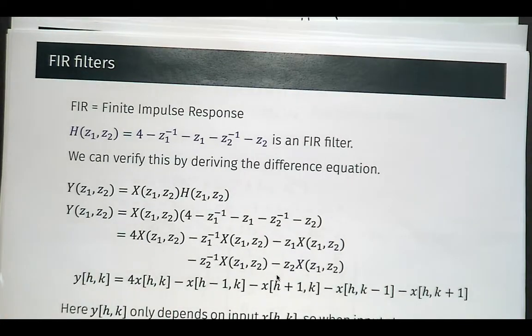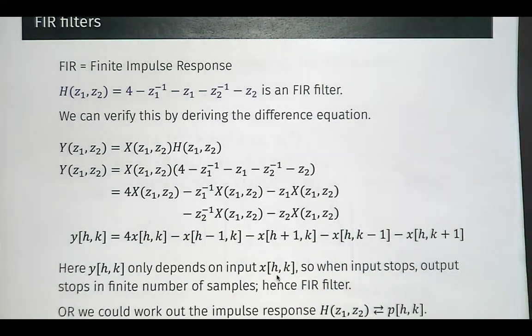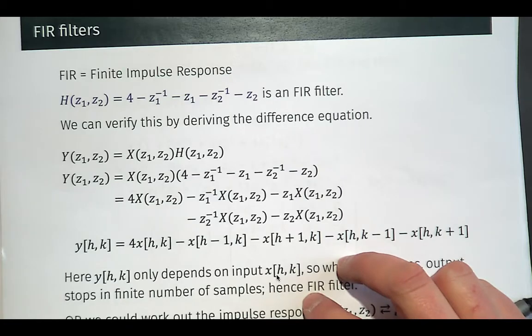I'm not going to write it 100%, but this is in the slides. So let's look at a finite impulse response system, and let's see what we do with the inverse z.